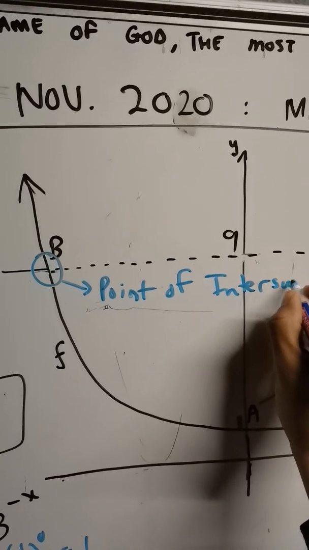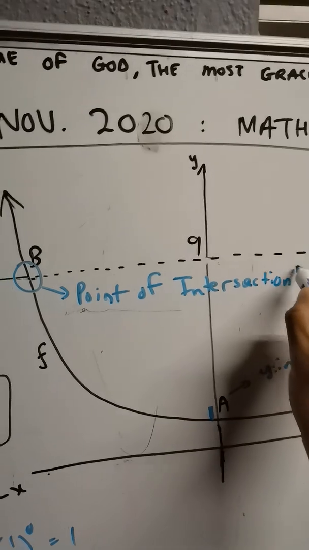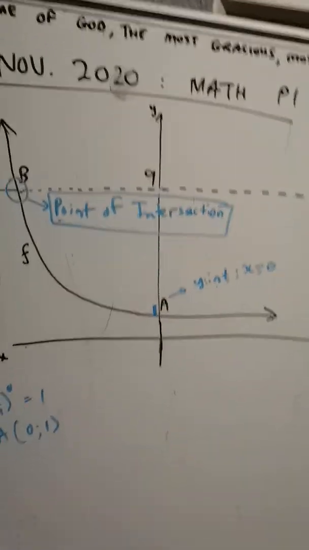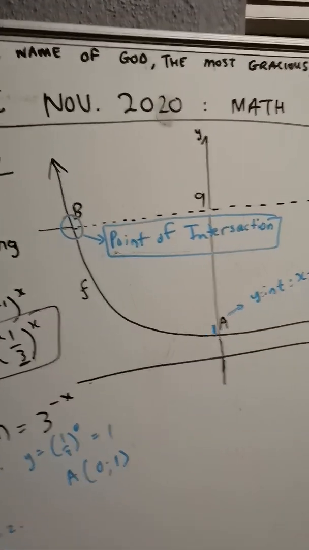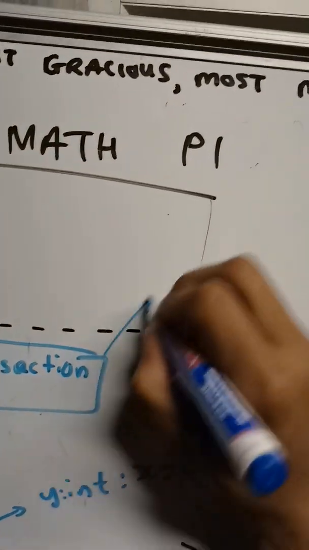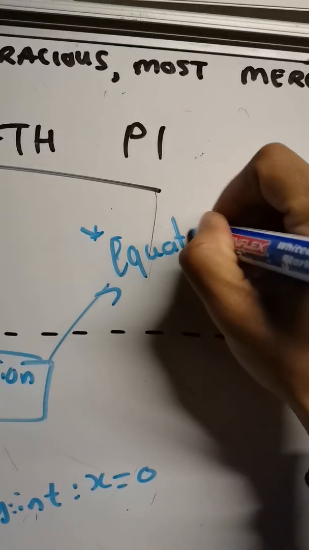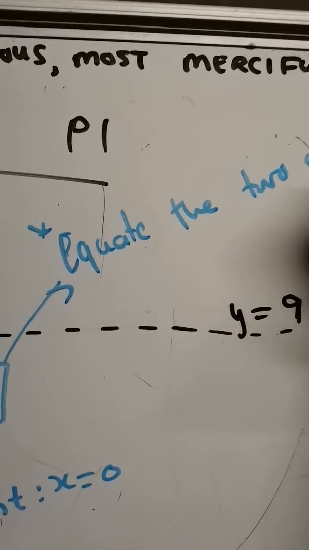Now I want you to remember this forever: when we are busy with a point of intersection, equate the two graphs. Whenever you see a point of intersection, a golden rule is equate the two graphs.